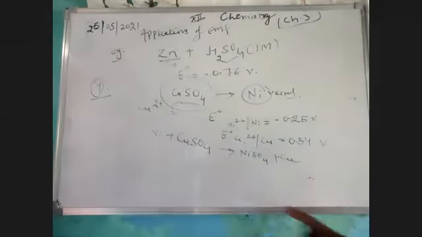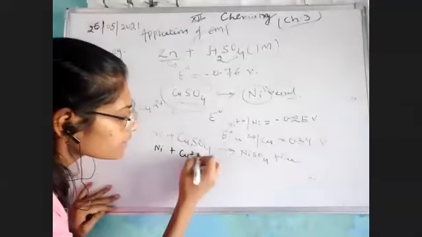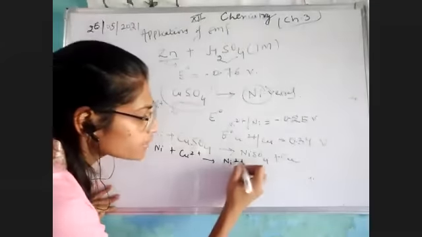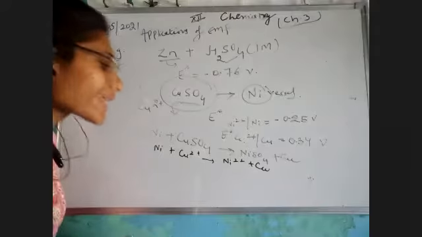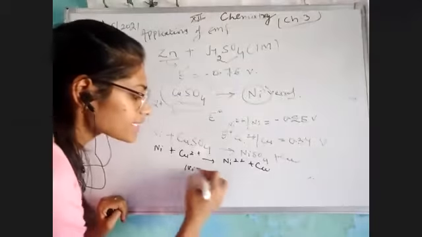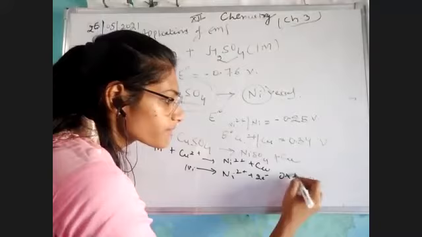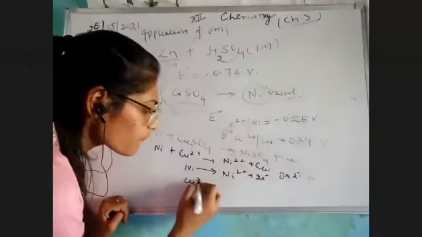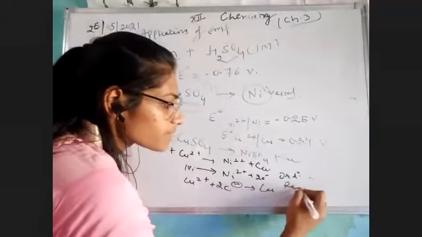So nickel plus copper 2 positive converts to nickel 2 positive plus copper. So from this equation, can I say that nickel is undergoing oxidation and copper 2 positive is undergoing reduction?